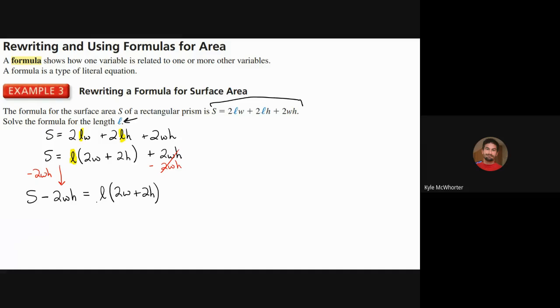So now our L only has multiplication happening to it, right? It's being multiplied by a big chunk of stuff, but the only thing that's happening to L is multiplication. So the inverse of multiplication is division. So we're going to divide both sides by whatever L is being multiplied by, and that is the 2W plus 2H.